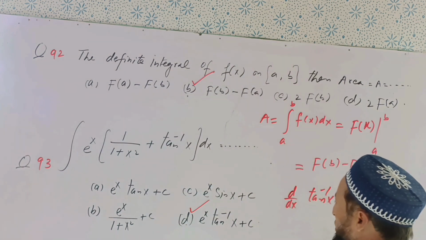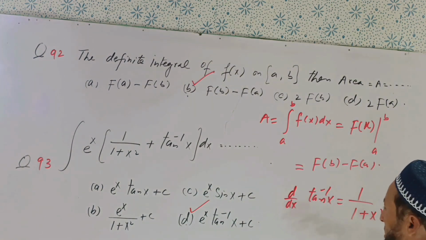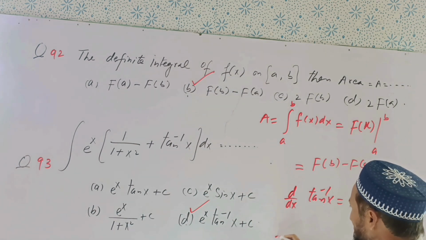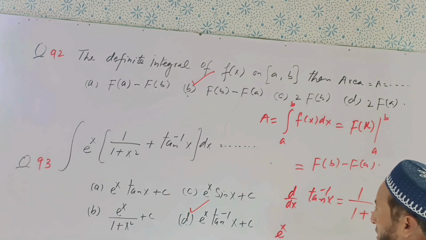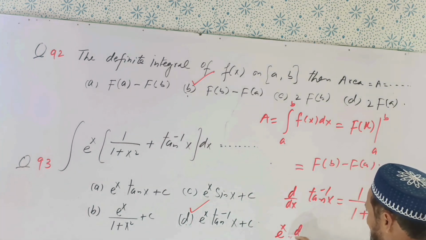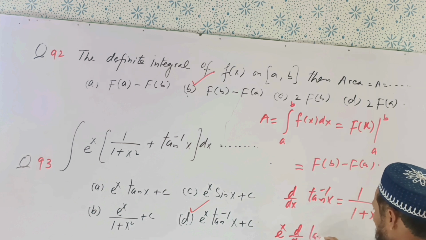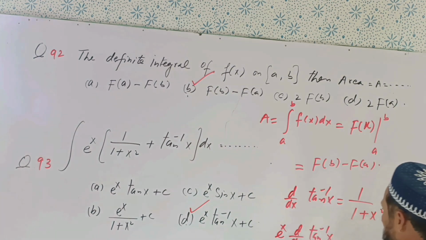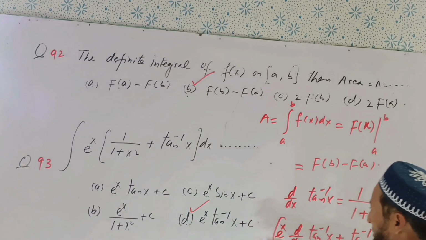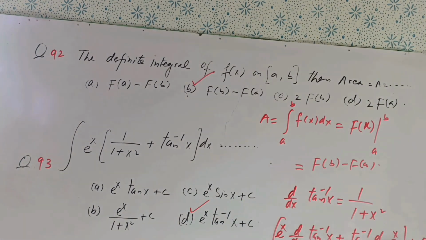Why? If we differentiate this function with respect to x, we will get the same answer. Here we use the product rule: first function times derivative of second function, plus second function times derivative of first function, plus the derivative of the constant, which is equal to 0.